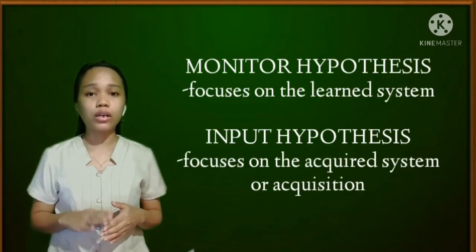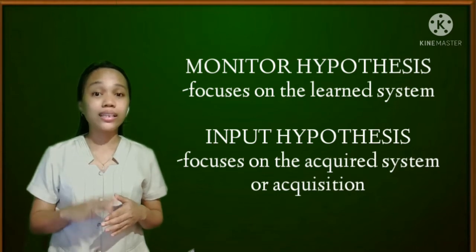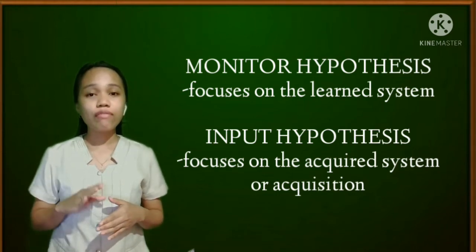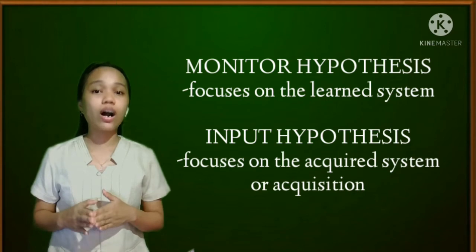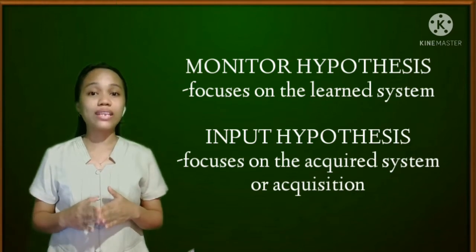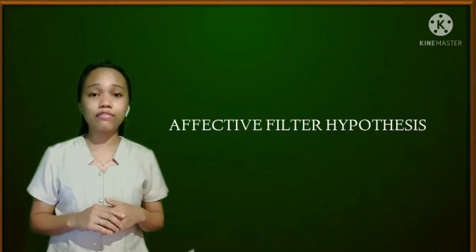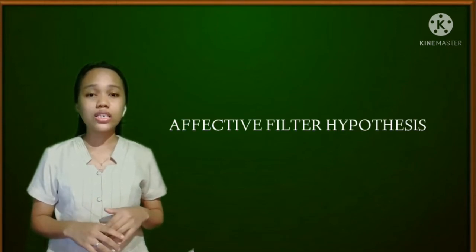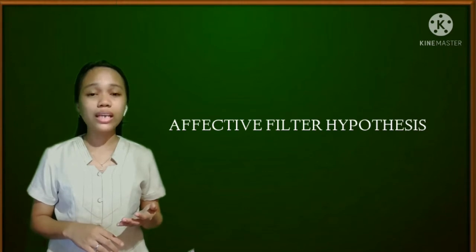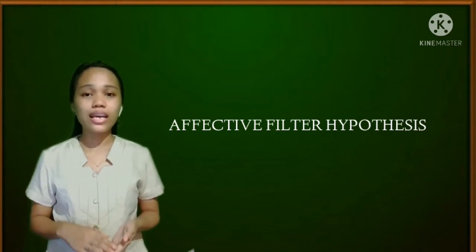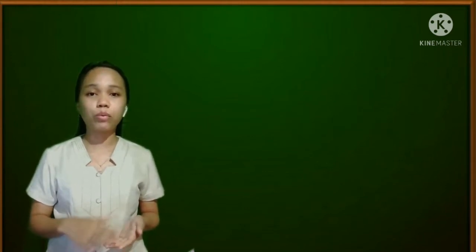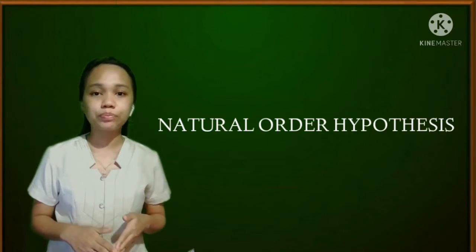Second, we have the monitor, which focuses on the learned system, and then we have the input, which focuses on the acquisition part. The 4th hypothesis is the affective filter hypothesis, which plays a big role in second language acquisition, and the last one, which is less important, the natural order.